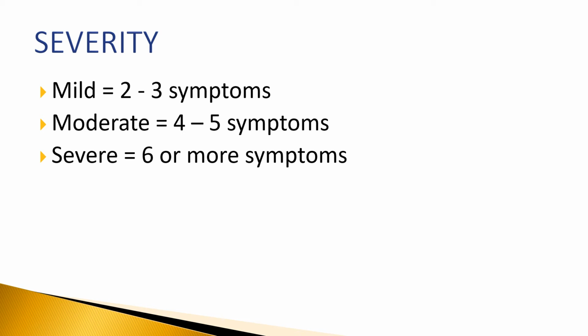If they have 4 or 5 symptoms marked yes, then they would be moderate for that substance. And if they have 6 or more of the 11 checked off as yes, they would be rated as severe use disorder.